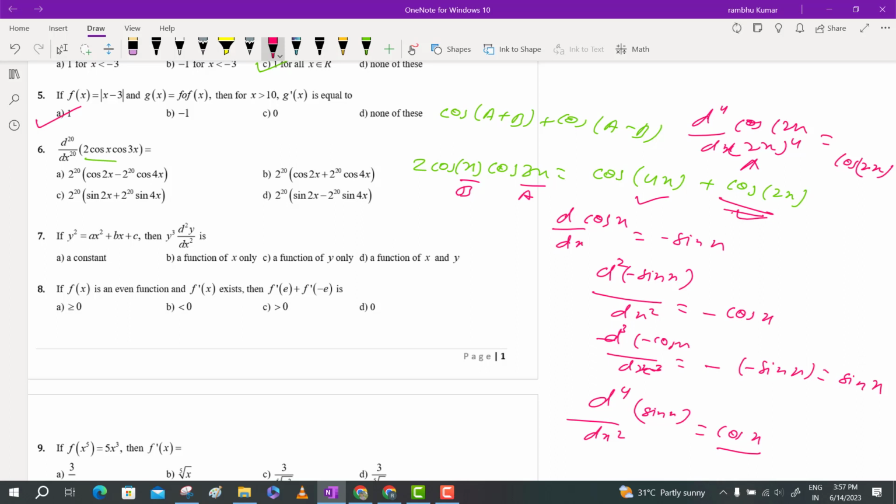Got it? Which means if you go and simplify this, you will get the derivative of all these things as this one. Got it? Now let's see how this is coming. So we have the function as, okay, let me erase this one.